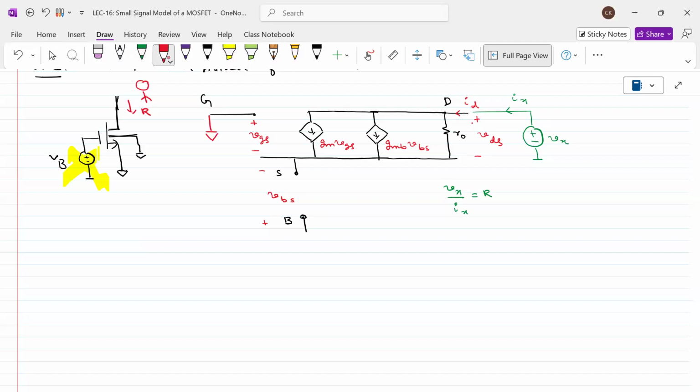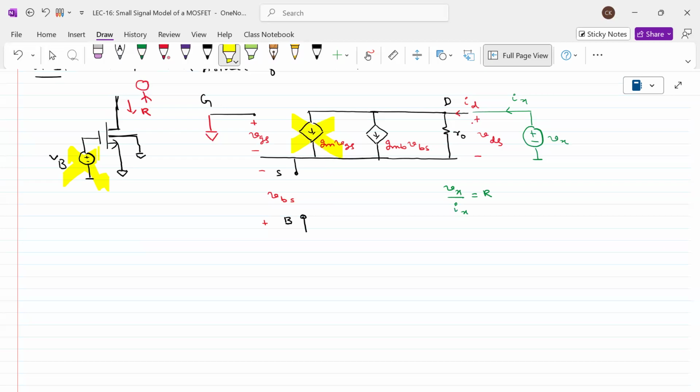Is this point clear, first of all? If I make this 0, what will be influenced? If the gate to source potential is not there, then this won't be there. Now the gate and source are at the same potential.